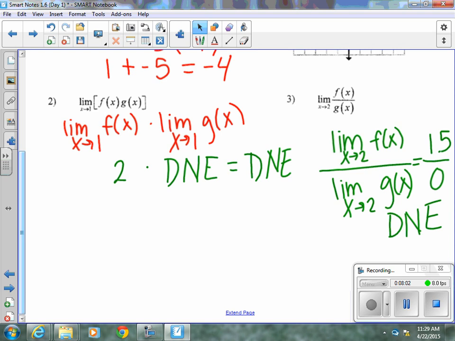If you're approaching a 1, you're going to want to plug in 0.9, 0.99, 0.999, see where that is headed. You're also going to want to put in 1.1, 1.01, 1.001, and see what those are approaching. Both sides should be approaching the same value for the limit to exist. And we'll talk about the answers to those 2 examples in class tomorrow.